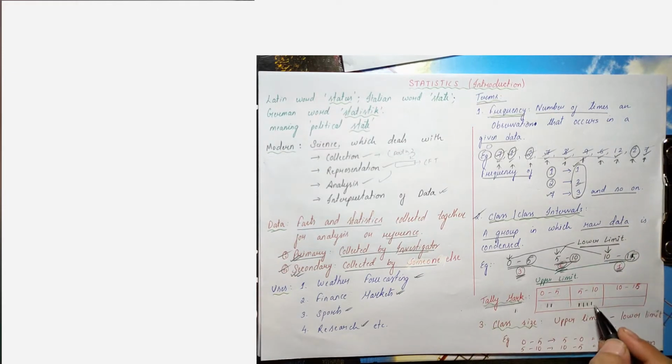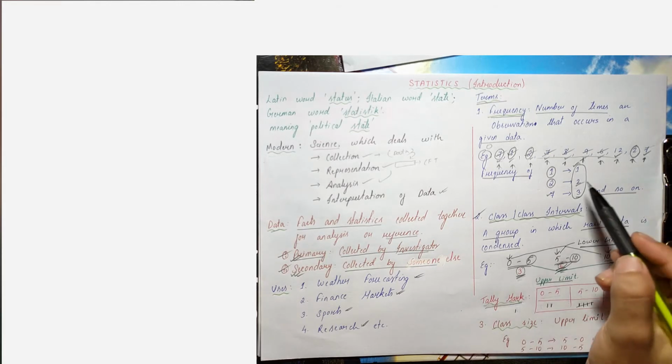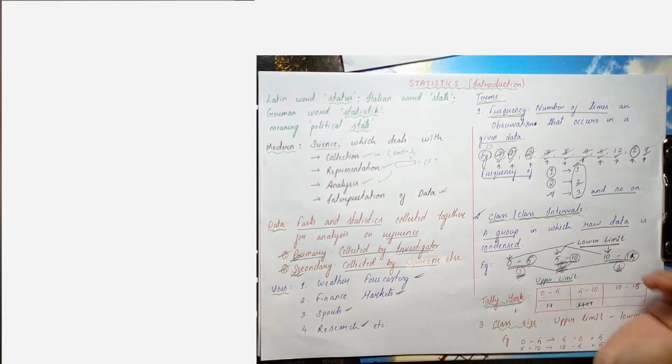Now 6 also belongs here, so I could draw the fifth stick, but the standard notation is to cut across these values. We will understand later why we don't draw 5 lines instead of cutting across. So let's continue. Our next value is 12.